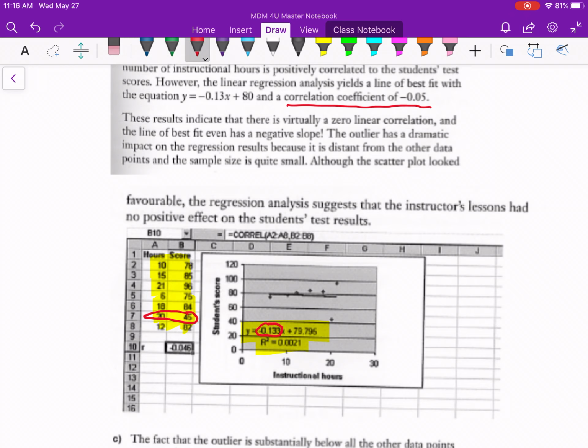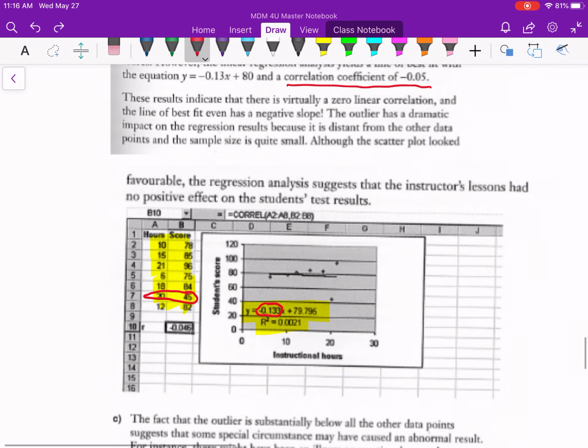Ignoring the negative, which is just because of the negative slope, 0.05 is very, very weak. Remember, 0 means no correlation whatsoever. And again, this looks like a strong correlation. So what's going on? Again, it's the outlier. It's messing everything up.